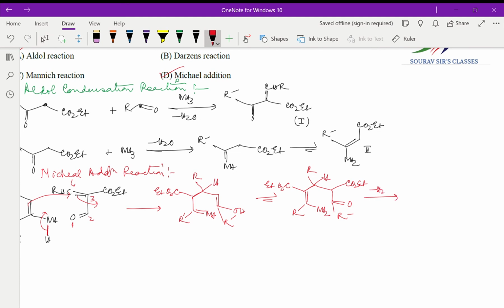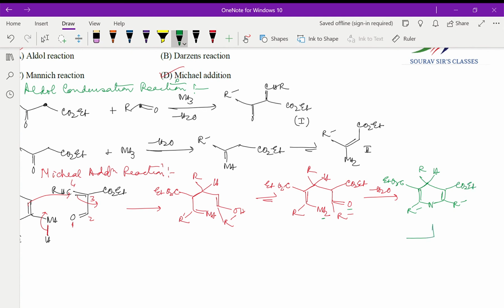Now, that if I say is losing water, I mean this oxygen is going to react with this particular nitrogen. So obviously this is going to form an imine type of a unit, isn't it? So if I do that, let's say we have this and we have that R, H, we have the double bond out here, then this is the prime, that is the prime, that is the CO2Et, we have the CO2Et.